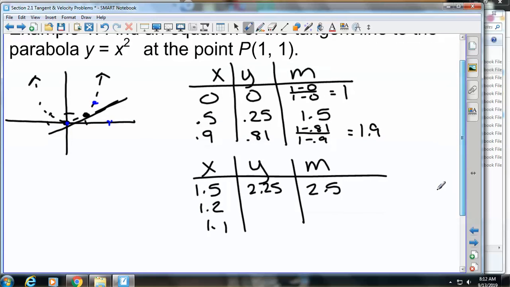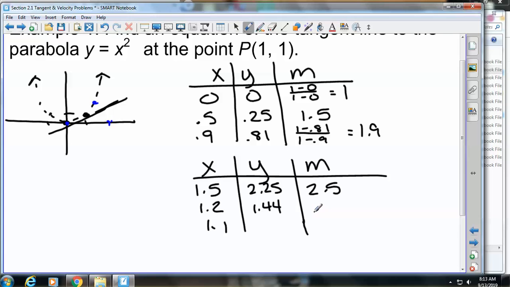Yeah. The 1.2 people. So you did your 1.2 squared, because our equation is just y equals x squared. If it were like y equals x squared plus 3, then you would do 1.2 squared plus 3. You're just plugging it into your equation, so you get 1.44. And what did you guys get for your slope?